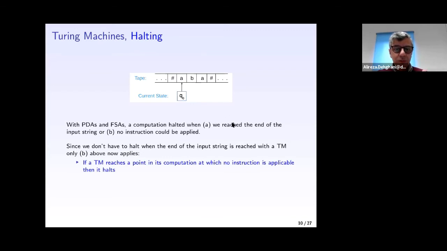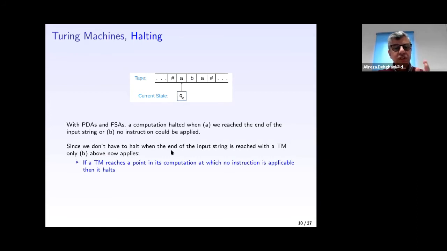If these two things happen, we halt. Since we don't have a halt when the end of the input string is reached, why? Because we said we can write and read the blank and we can continue forever. So it doesn't necessarily mean we can halt the computation whenever we get to the end.